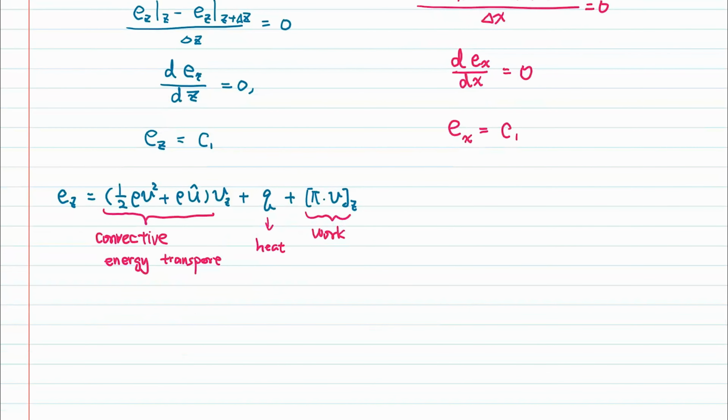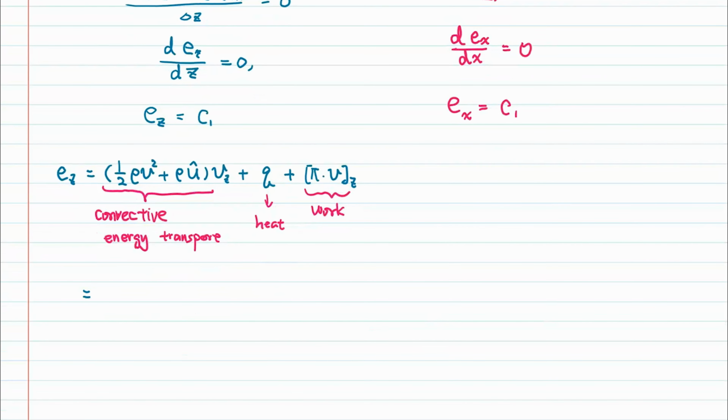You would see that if we continue to analyze this part, we have one half rho v squared plus rho u prime, times vz, plus q, plus, we can refine it to h now, sorry, so we can do this to h, pressure term goes in, and then we can use the shear stress now in the z direction.